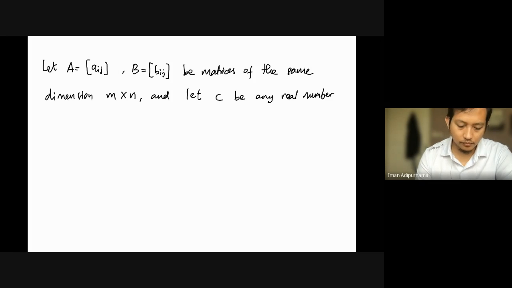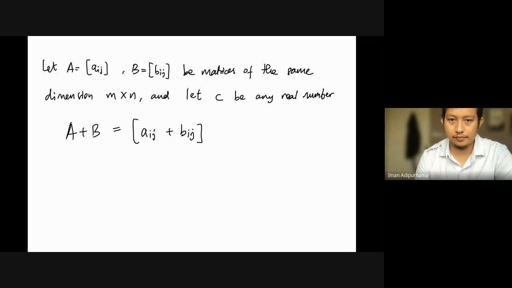If we have A plus B, it means that we add these two matrices, so we are adding all the entries inside A and B. I think that should not be too difficult.